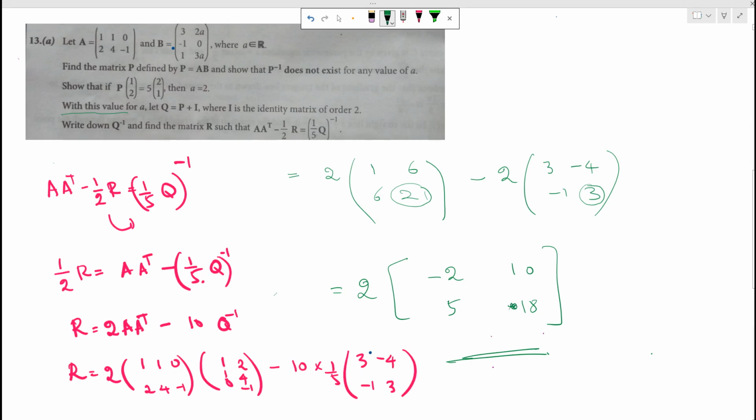Okay, so this is the answer, and if you want you can give the answer in this way also. Minus 4, 20, 10, 36. Okay, 1 minus 3. So this is the R matrix.